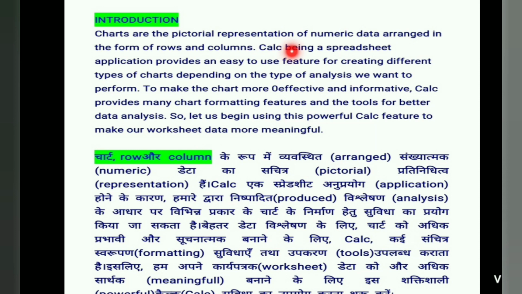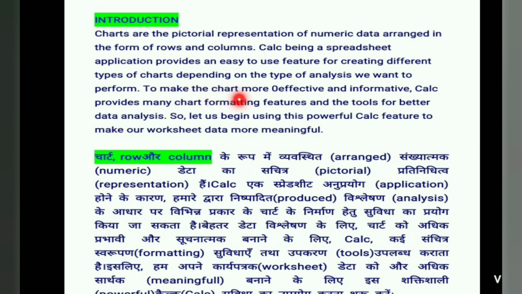Calc, being a spreadsheet application, provides easy to use features. It gives many easy features for creating different types of data for analysis or for creating charts.